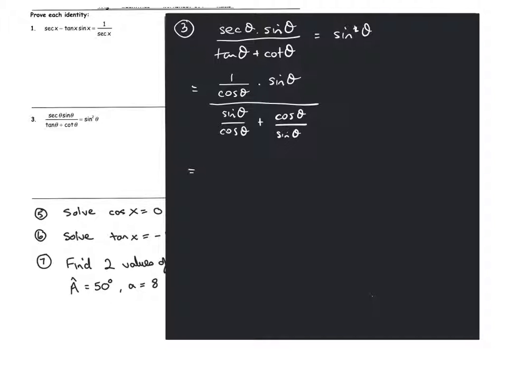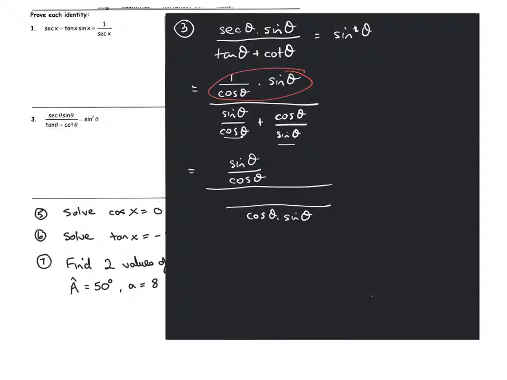So on top now I'm going to look at these two here. So this becomes sine over cos. And on the bottom here, I'm going to make a common denominator of these two here. And that common denominator is cos theta sine theta.